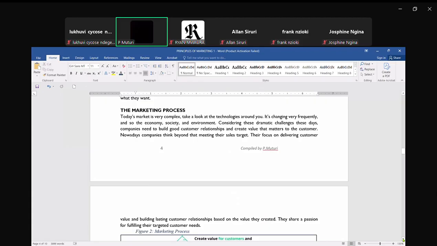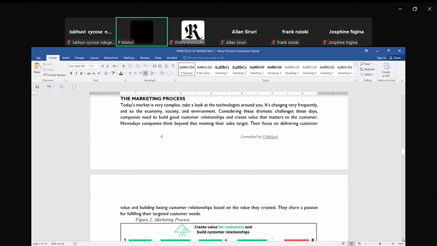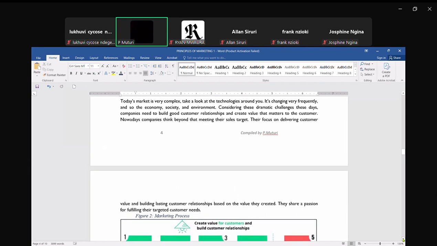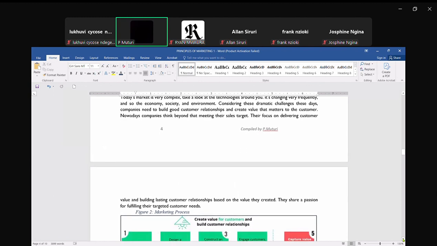So considering these dramatic changes, especially occasioned by developments in tech and ICT, companies need to be able to build good customer relationships and also create value that matters to the customers. So nowadays, businesses must think beyond just making sales.